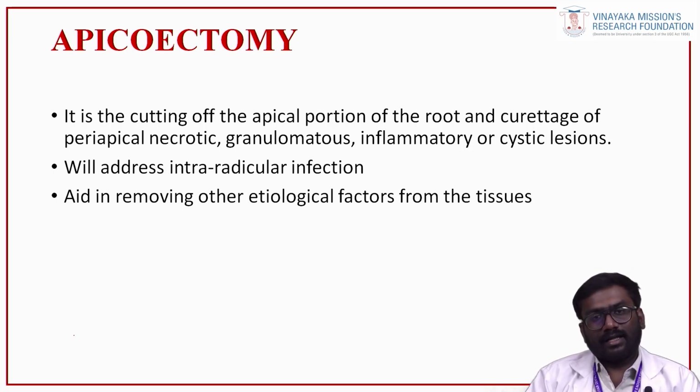You have to cut it and create a retrograde seal with the appropriate material so that the infection doesn't track back into the root. So it is a surgical treatment combined with conventional non-surgical modality in a long-standing, chronically infected pulpal pathology tooth. Here we are going to address the intraradicular infection. Also, we are going to remove the etiological factors which are constantly causing the infection.